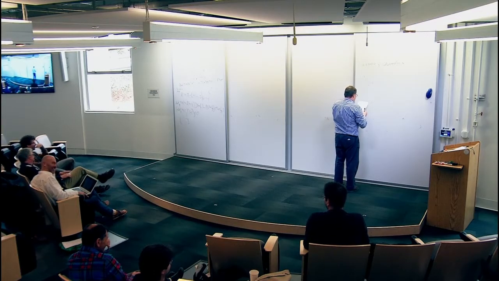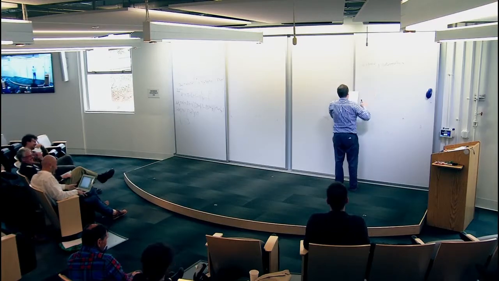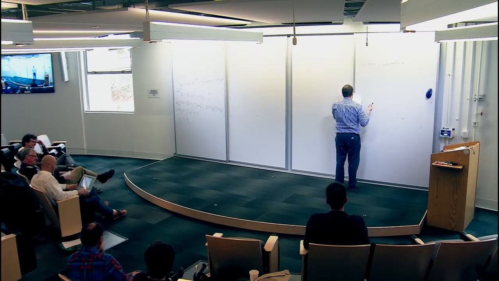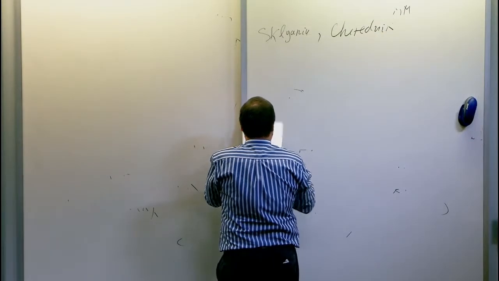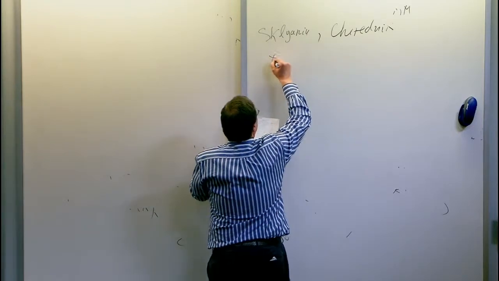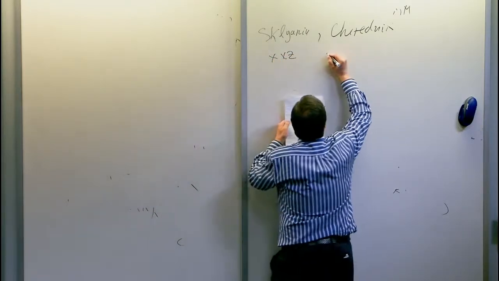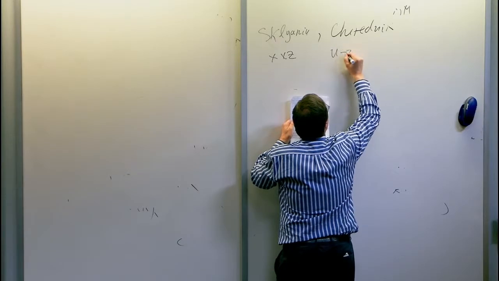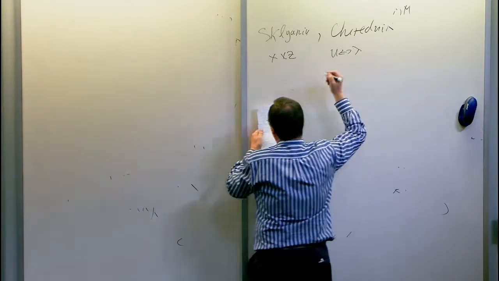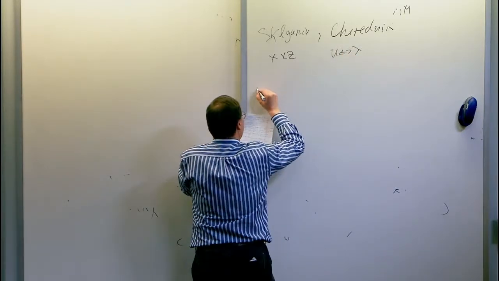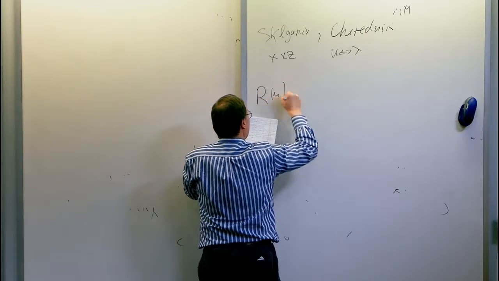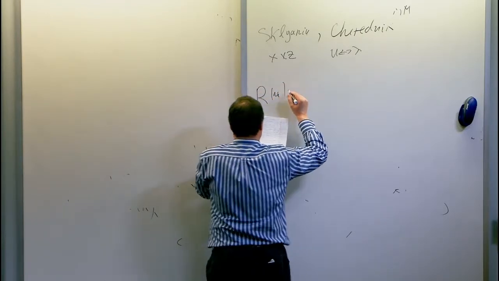So Sklyanin and Cherednik use different notations. First of all, the Yang-Baxter equation is still important for open boundary condition. The R matrix for the XXZ case is exactly the same, but they use u instead of lambda, so the spectral parameter will be u, and there are a couple of other changes in notation. So this was lambda.